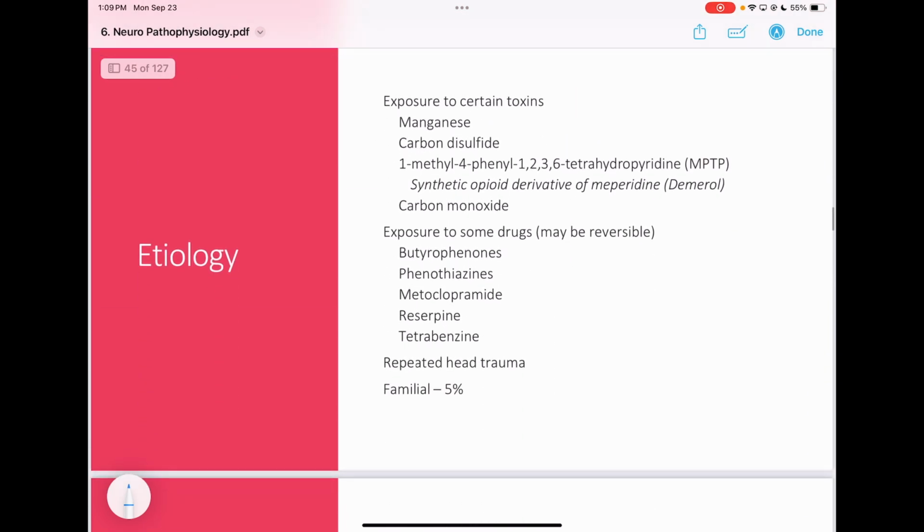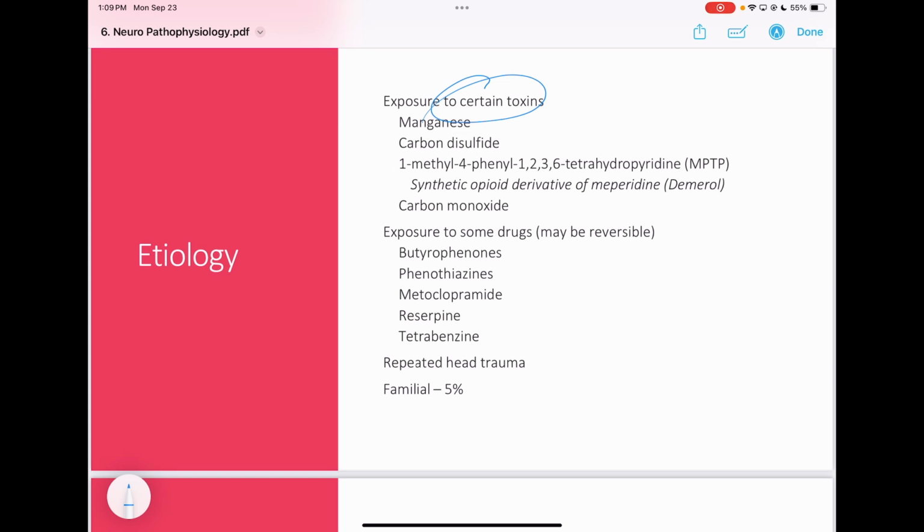So, etiology: exposure to certain toxins. You guys know who Michael J. Fox is? Okay, so he has Parkinson's now. However, back in the 80s, before he was really famous, he was on a TV show, and like 3 or 4 people from that TV show all now have Parkinson's.